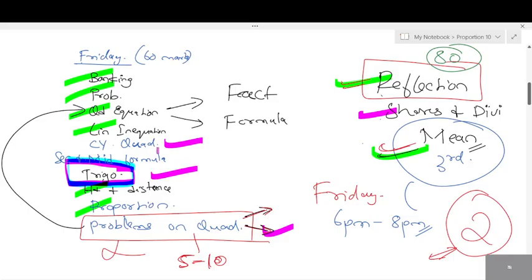Fine. Just note down these tough chapters, right? Cyclic quadrilateral, trigonometry. Okay, shares and dividend, problems. Just make a note of the pink ones which I've ticked. Don't revise this on Friday. Don't revise on Friday. Apart from that, revise all the other topics.